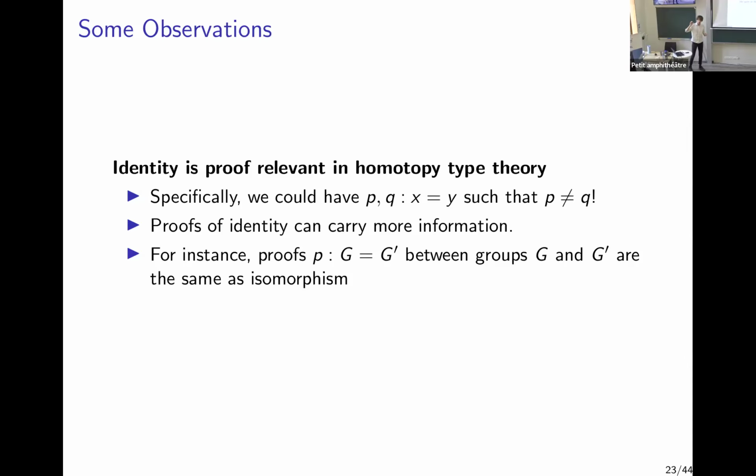Instead, we're working with groups up to isomorphism. We're only interested in properties that are preserved under isomorphism. And that is reflected by this feature of homotopy type theory. And in this sense, it more faithfully represents certain mathematical practices. And that all arises from the fact that we're working with a more permissive notion of what it means for two objects to be identical.